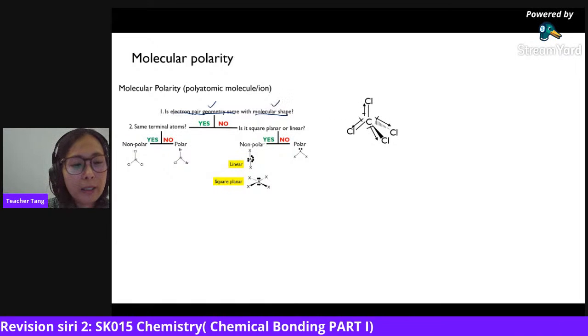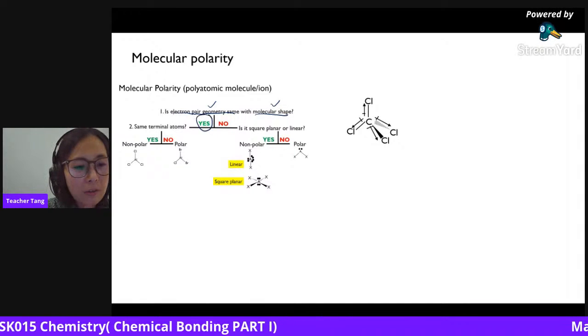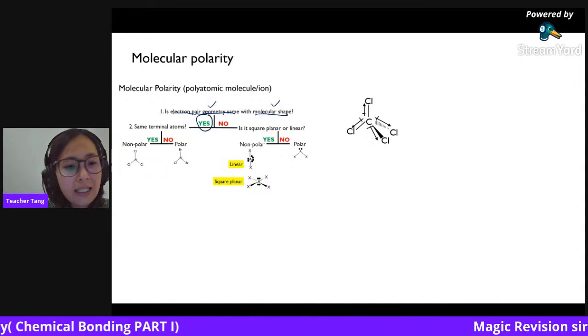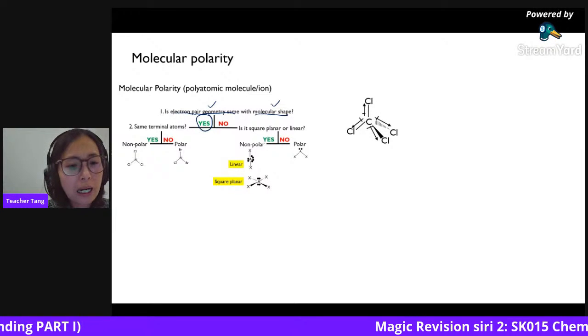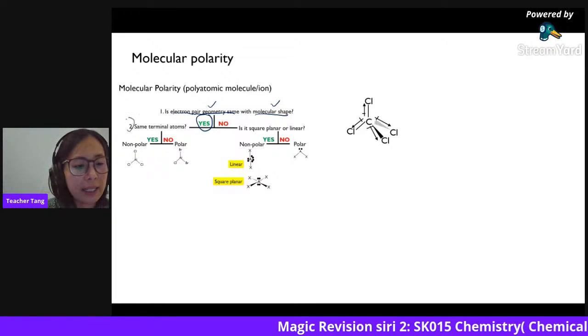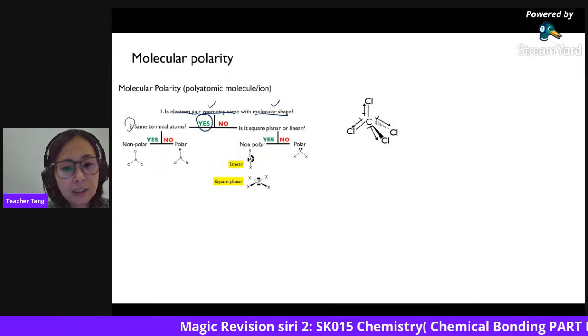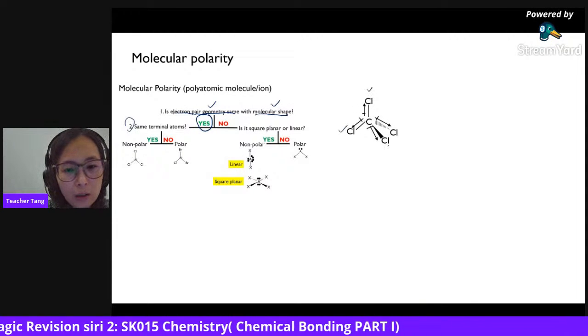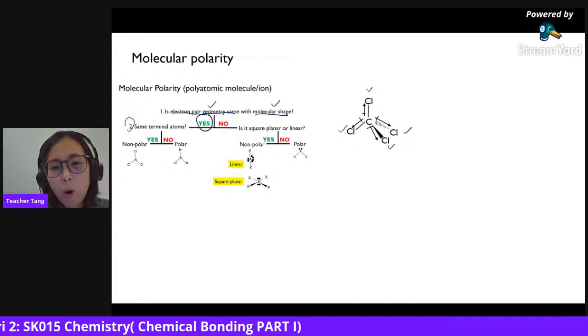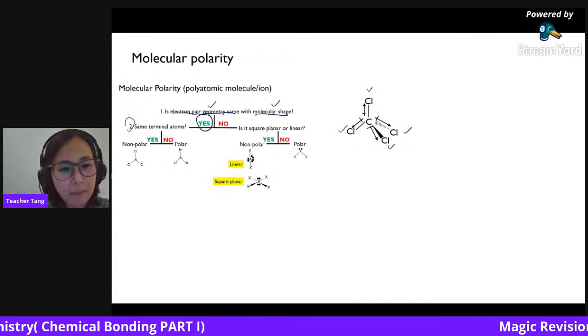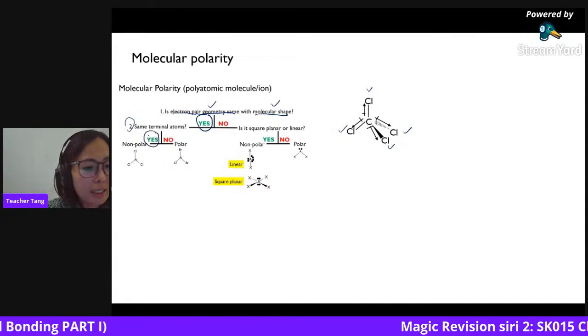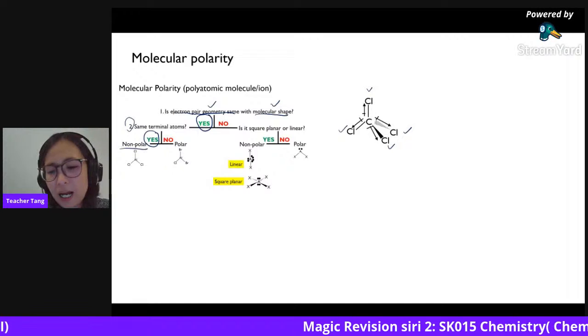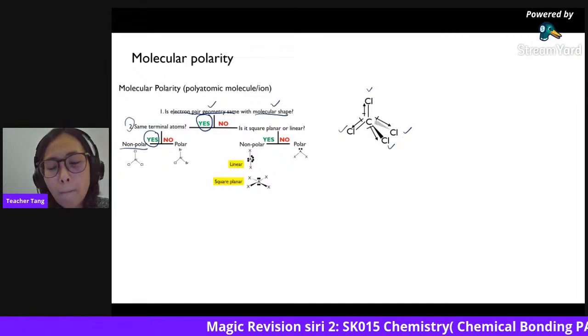So the answer to the first question is yes. Then we ask the second question: are the terminal atoms the same? Here we have chlorine, chlorine, chlorine, chlorine. All the terminal atoms are the same. So yes, our CCl4 is a non-polar molecule.